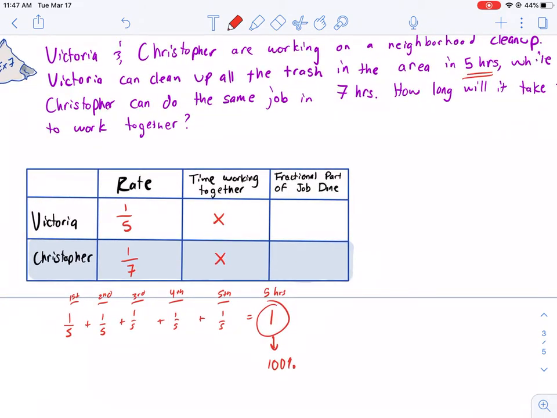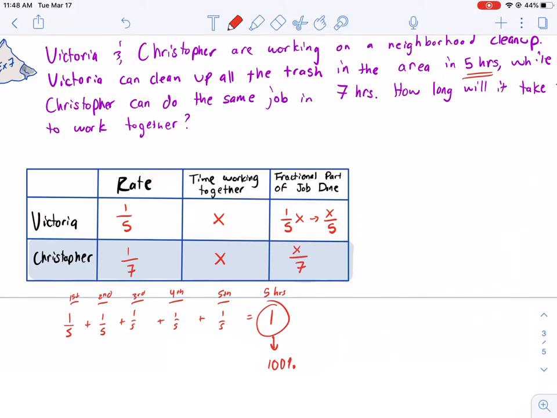So what's the fractional part of the job done? Well, 1 over 5 times the amount of time she works, which is 1/5 times x, or 1/5 x. Or if you want, just write it x over 5. That's what I would do. So if Victoria is x over 5, that makes Christopher x over 7.